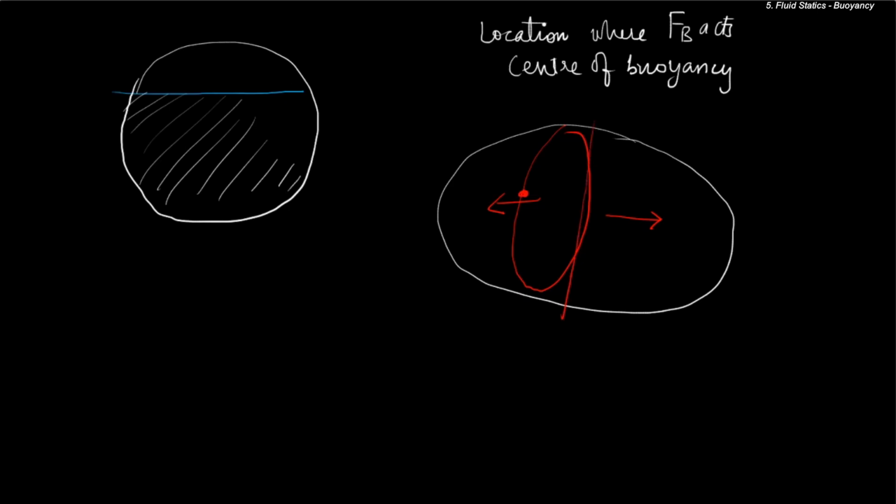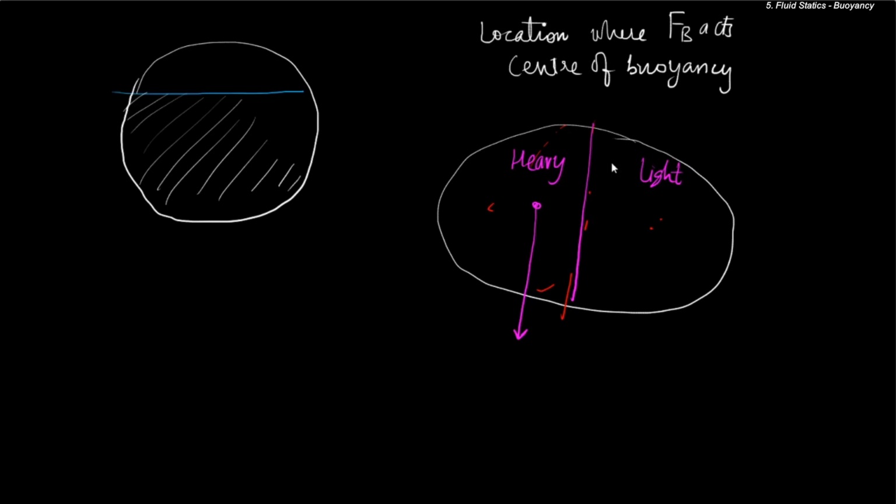Instead of drawing it in 3D, let me just draw it in 2D, easier to explain. Let us say this is the heavy part, something like mild steel. This is the light part, something like aluminium. The center of gravity will act somewhere over here.